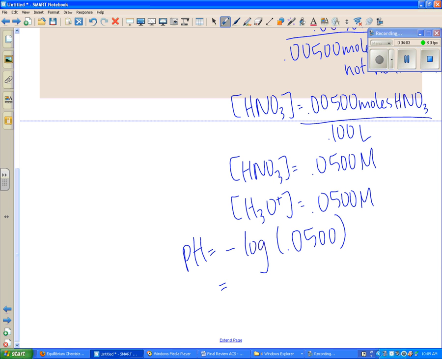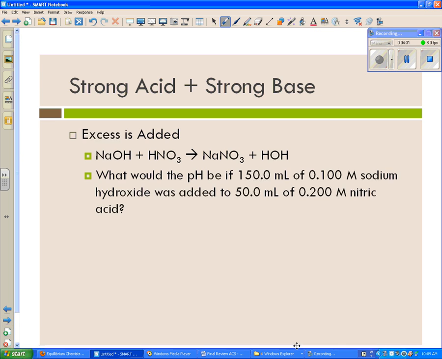What is the pH? 1.301. 3 decimal places because all of our values have 3 significant figures. Any questions? All right. Move on to the next problem.